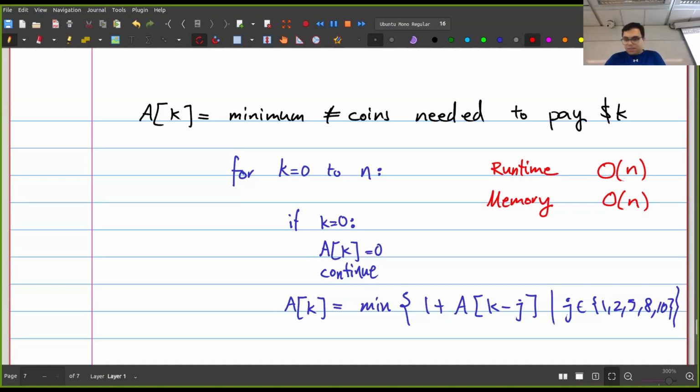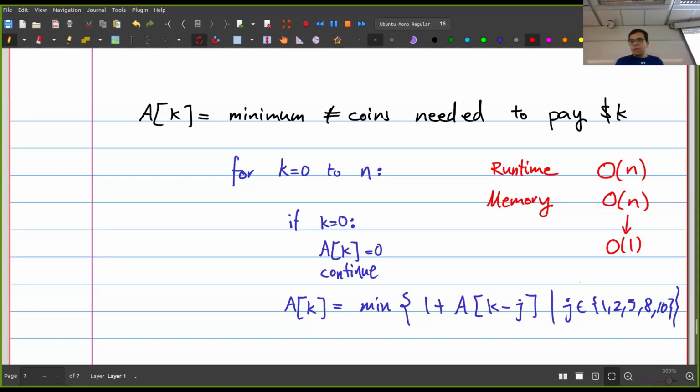Because if you just stare at this long enough, you realize that when you are calculating A_k, you only need the values of A_{k-1}, A_{k-2}, A_{k-5}, A_{k-8}, and A_{k-10}. So instead of keeping track of all the values in the array A, you can always only keep track of the last 10 values. And that's always enough for you. So it is possible to reduce this memory usage to O(1).